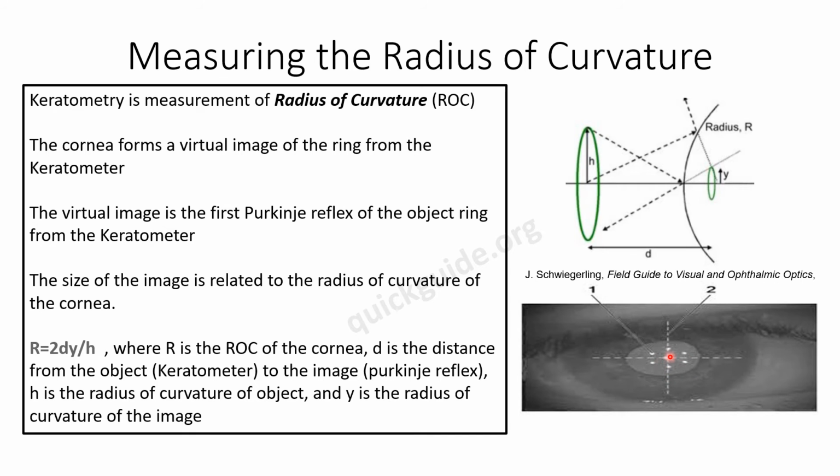The closer these lights are to each other, a steeper cornea is indicated. The farther away the reflections are, a flatter cornea is indicated. These lights are nothing but reflections from the anterior cornea, also known as Purkinje's reflexes.